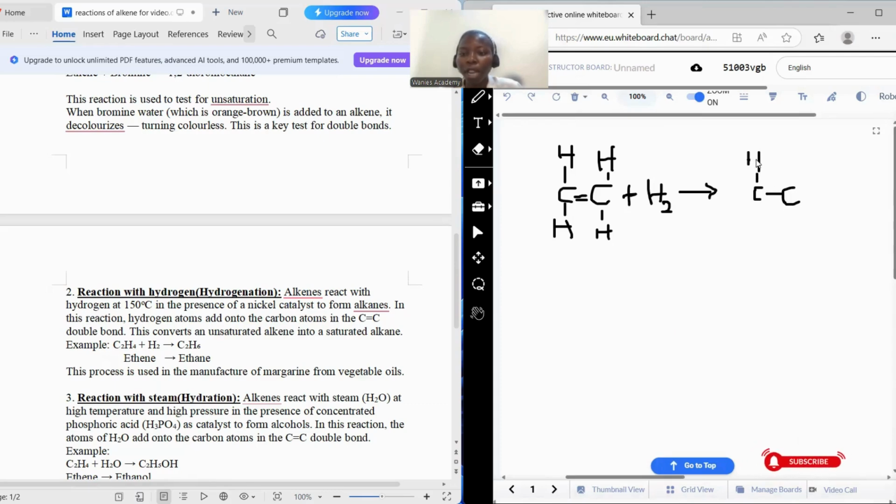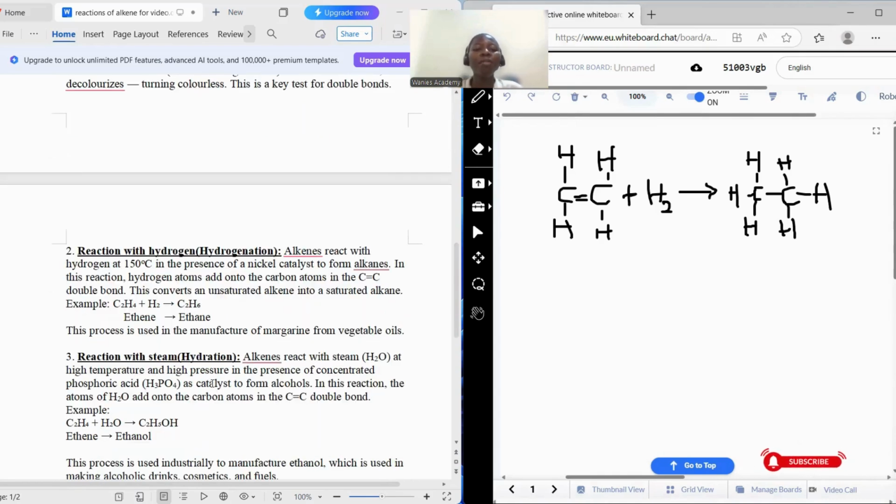We have our H, which is there initially, and the other hydrogen atoms are attached to the carbon atoms, giving us ethane as our product. So ethene reacting with hydrogen gives us ethane. This process is used in the manufacture of margarine from vegetable oils.